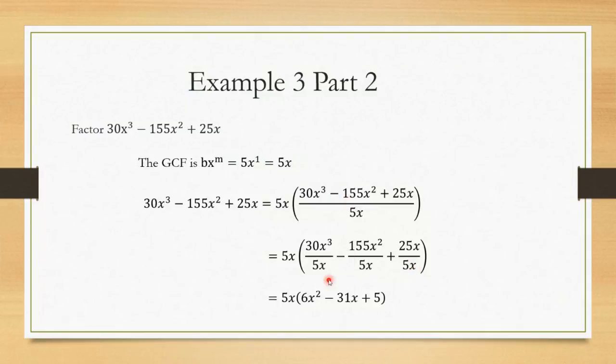When you do that, 30 over 5 becomes 6. X cubed over x is x squared. 155 over 5 is just 31. Don't forget the minus. X squared over x is x. 25 over 5 is 5, and the x's cancel, so we get this.